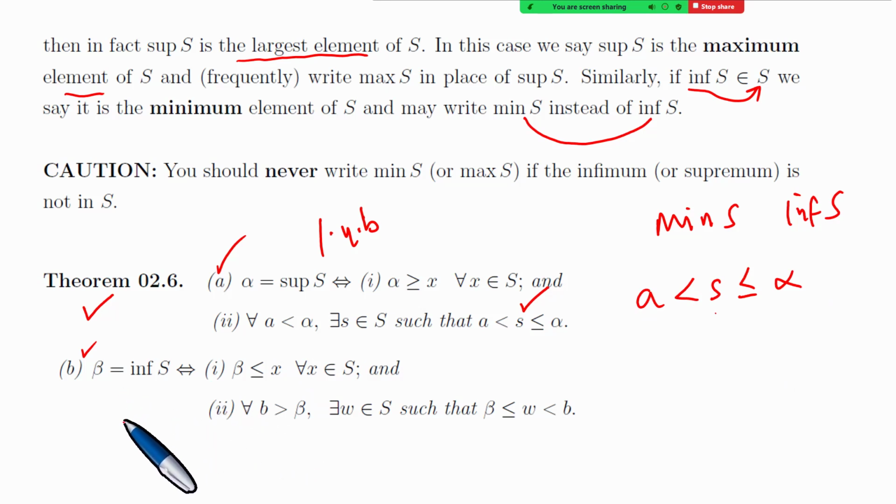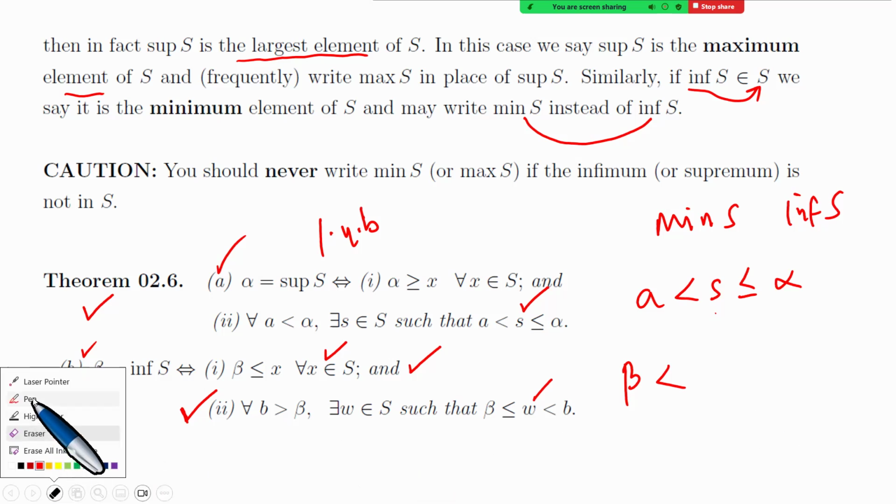Let's speak about the infimum. Beta is the infimum of S if and only if beta is less than or equal to x for all x in S, and for all b bigger than beta, there exists a w element of S such that beta is smaller than w and w is smaller than b.